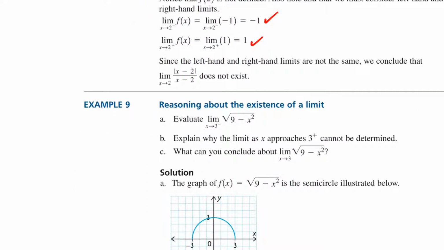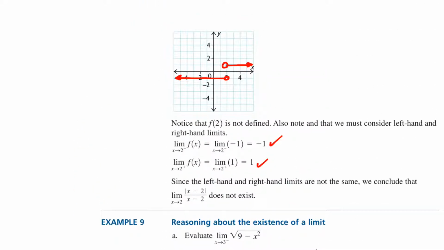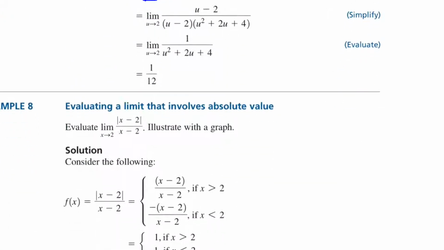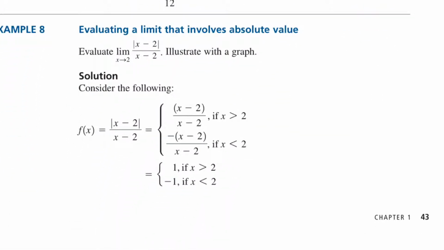Let's work on the cases where the limit does not exist. Absolute value of x minus 2, over x minus 2, is 1 when x is more than 2, and it's negative 1 when x is less than 2. Notice that the absolute value of x minus 2 is the same as x minus 2 when x is more than 2, and it is negative (x minus 2) when x is less than 2.